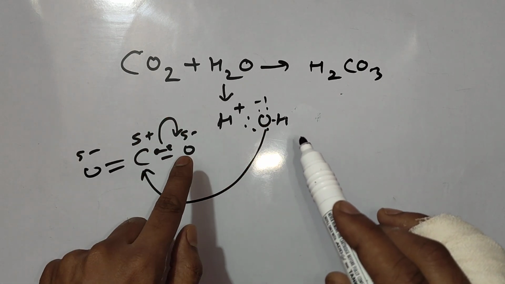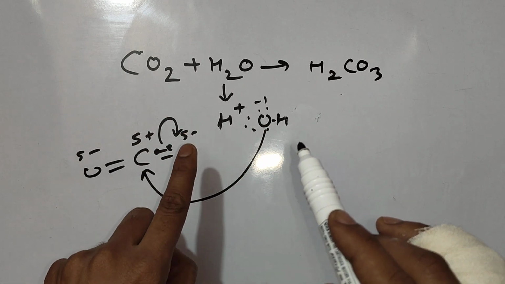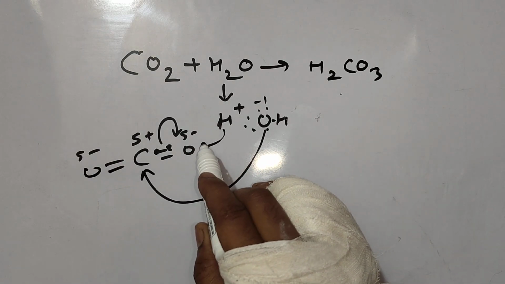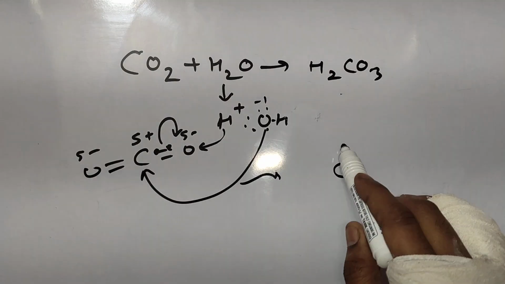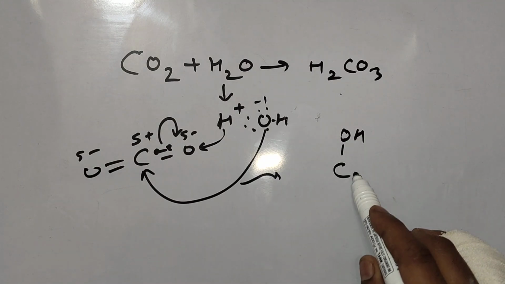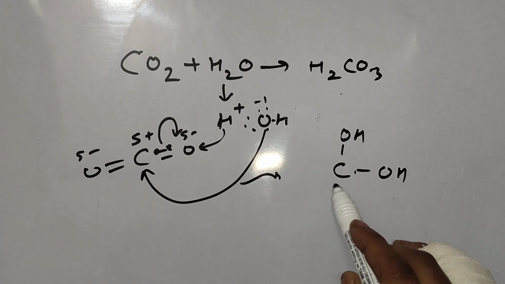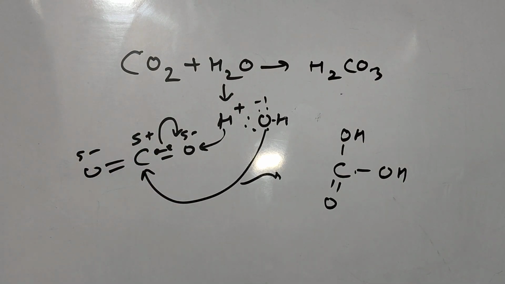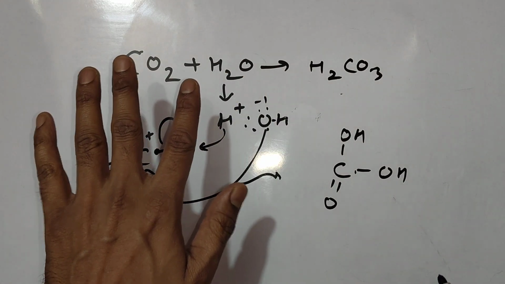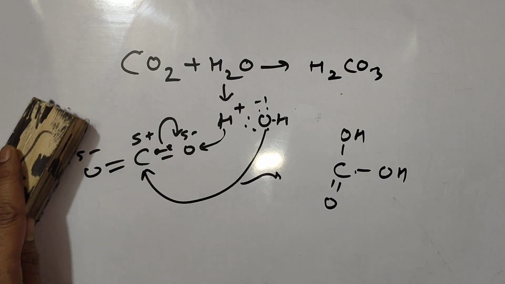So pi electrons will shift toward oxygen. Oxygen will carry a complete -1 charge, which will be filled by H positive. So after this attack, we will have this one, carbonic acid, H2CO3. In this fashion, carbon dioxide is creating carbonic acid.